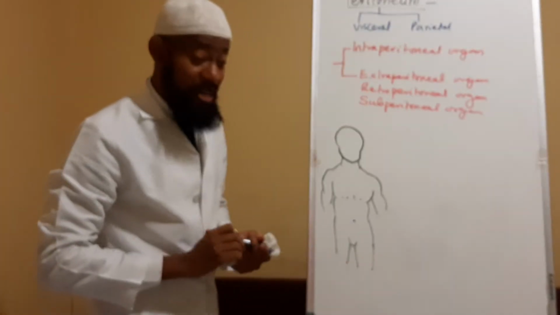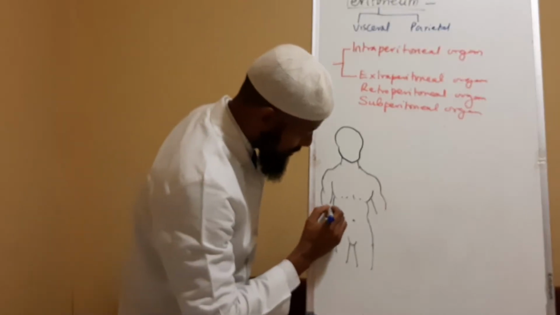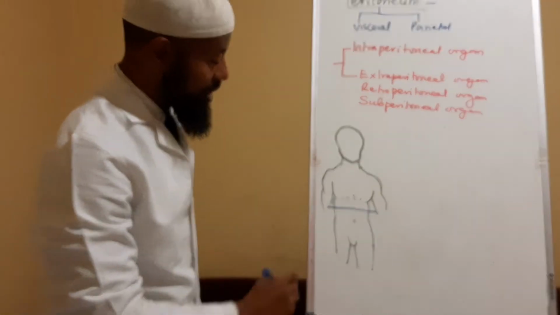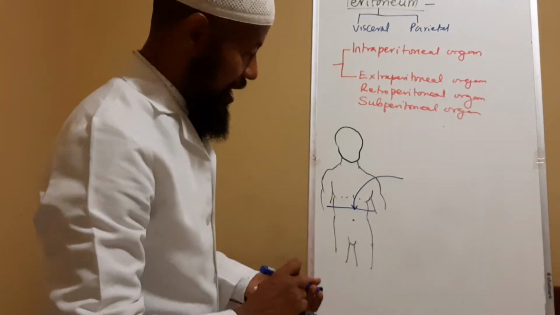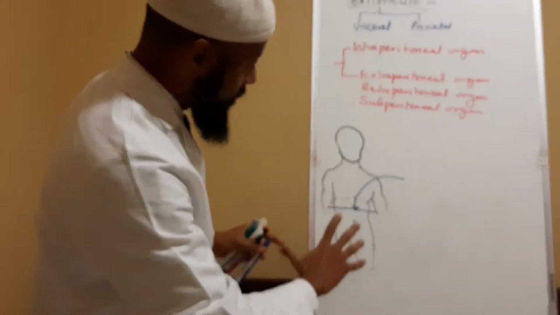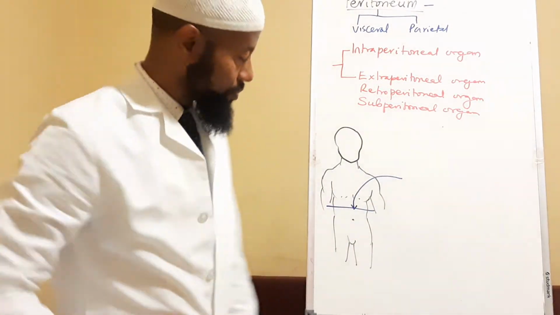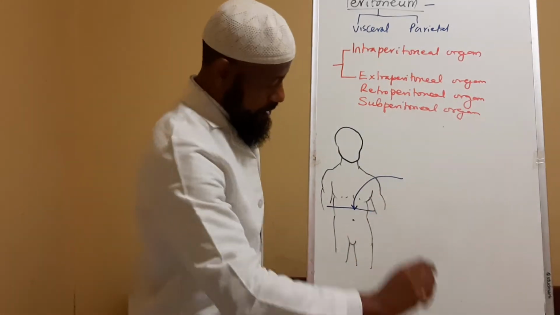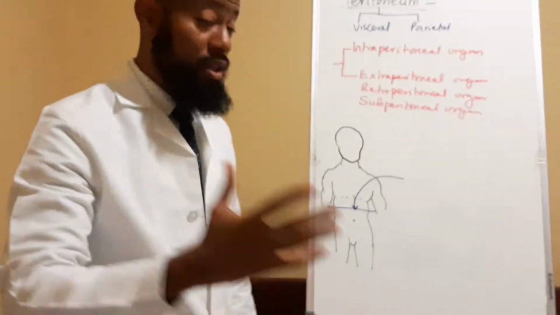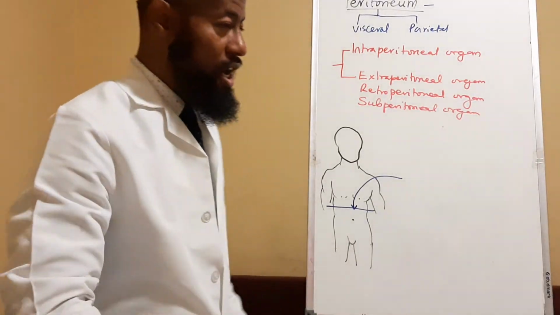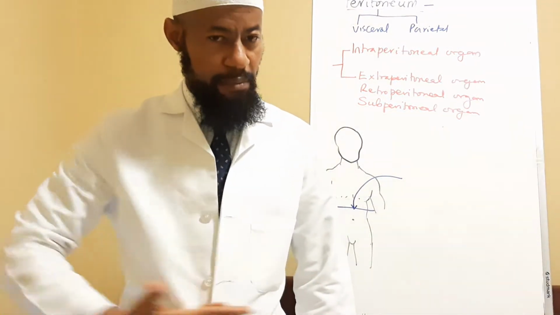So what I'm going to do now at this level, that's a transverse section, and I'm going to lift this over here, and then you see what's going on now. So I'm going to slice myself at this level and turn this individual in such a way that you will be looking at this individual lying in supine position. You'll be looking at this individual from the point where I have sliced him, this way.